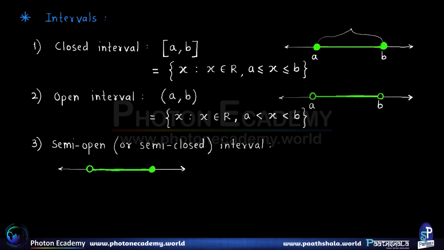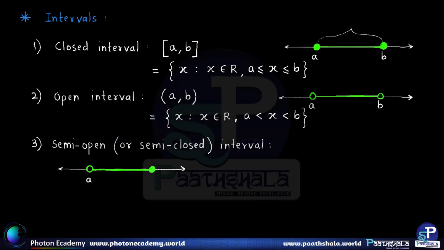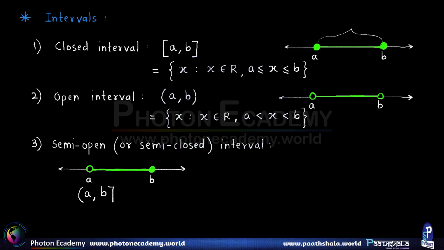So here you have a and b. Now this is denoted by, since it is open at a, a round bracket a, then comma and b, followed by the square bracket. So it means it's the interval which is open at a but closed at b.